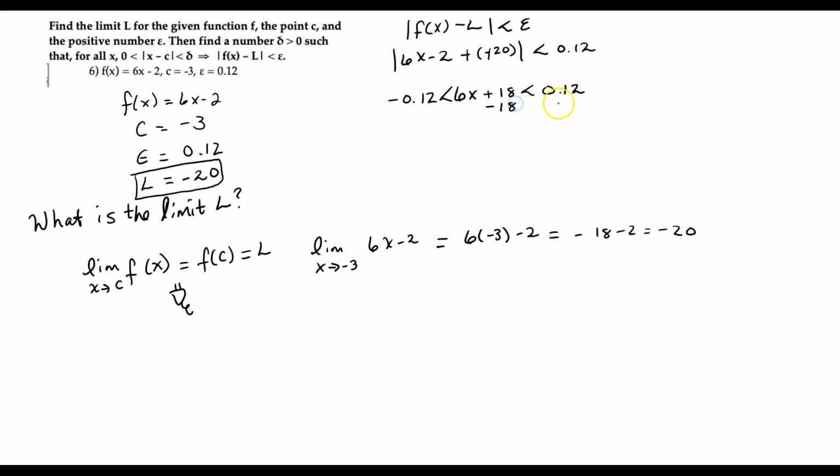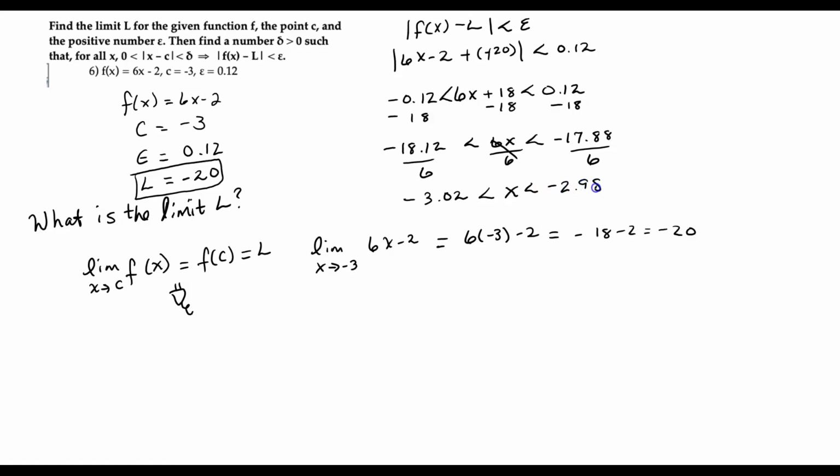We're going to subtract 18 from both sides, and we get something like negative 18.12 less than 6x, which is less than, I think that's negative 17.88. Divide everything by 6. All right. And we end up with, if you have a calculator, I'm sure you could do this very quickly, negative 3.02. And on the other side of the inequality, it's negative 2.98, I believe.